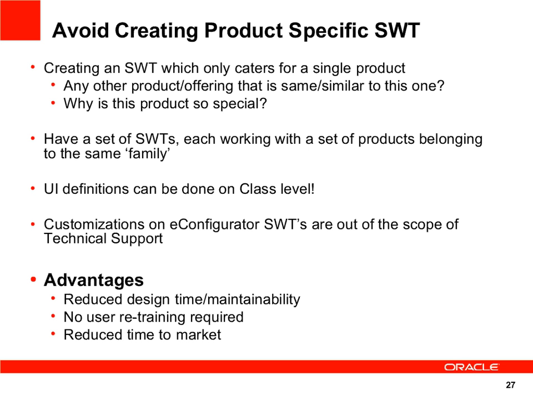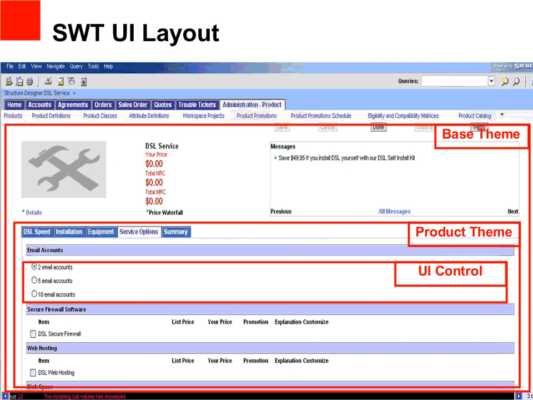How can you do this? Usually you would set up one product with a definition like on the screenshot. We have a base theme definition, we have a product theme definition, and a UI control definition. This all could be set up in a dummy product, and if you want to create a new product from this group, you take this dummy product and make a copy of it, and then you already have a standard user interface, which then only needs to be changed for the specifics of this product.